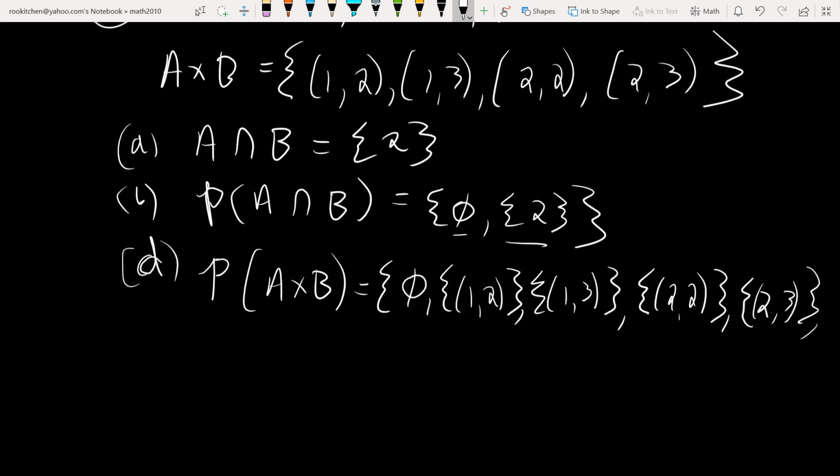So there's all those. How many are in there? First off, it's going to be 2 to the 4th, right? Because there's 4 items in A cross B up there at the top. Okay, so 2 to the 4: 2 times 2 is 4, times 2 is 8, 16 things. Oh my gosh. Okay, so there's the sets that contain one thing, then the sets that contain two things.